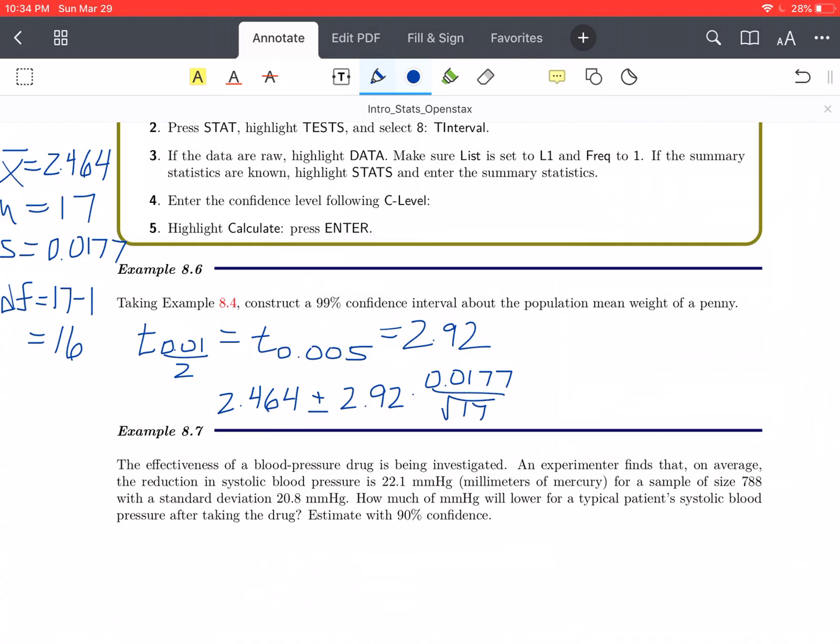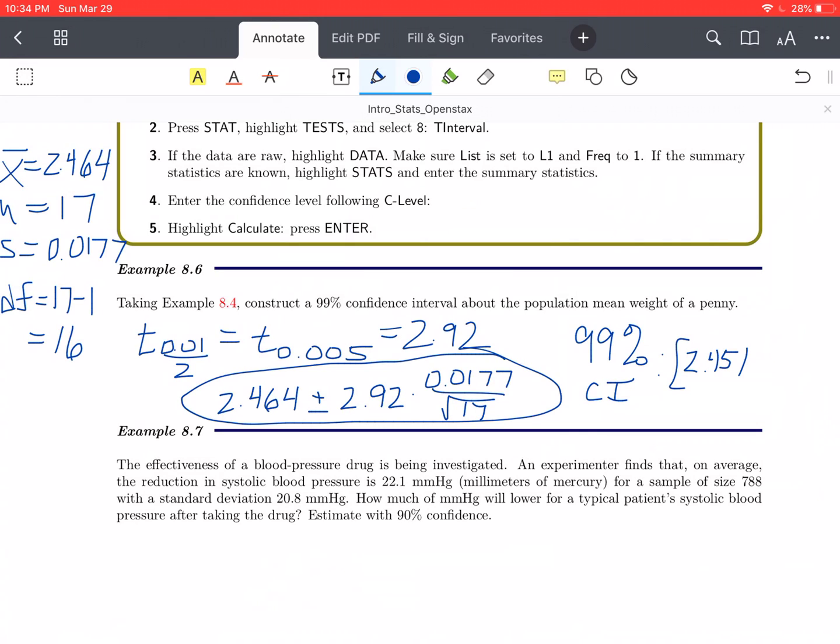Okay, and if we go ahead and run this through Desmos or a calculator, we have our 99% confidence interval. That's going to be from 2.451 up to 2.477.